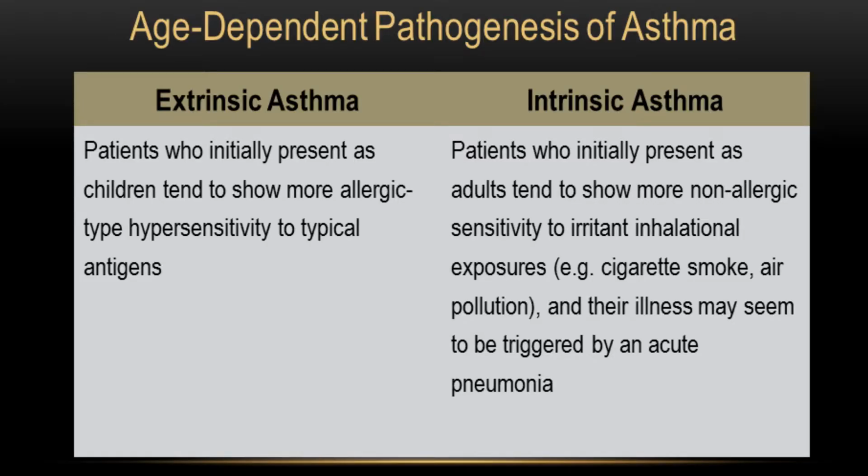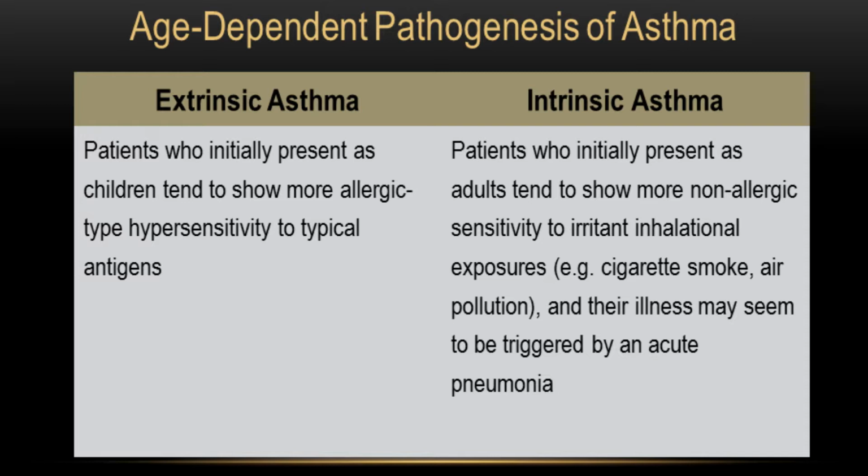We have two types of asthma depending on the age of presentation. When asthma patients present at a young age, you can usually detect a very clear picture of allergy. So patients who initially present as children tend to show more allergic type hypersensitivity to typical antigens, and you can find a history of hay fever in father or mother, some allergic tendency in the family history.